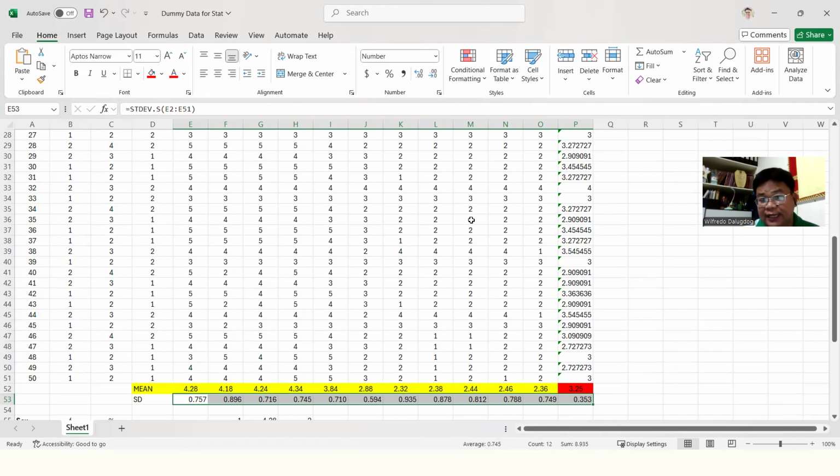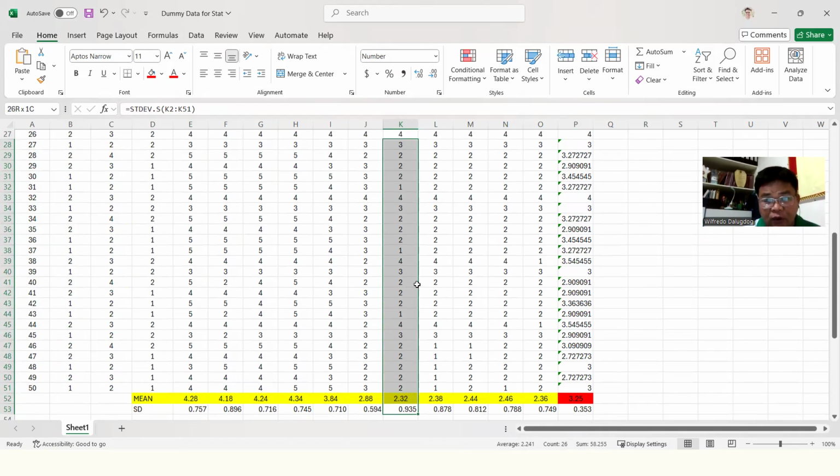Kunin lang natin yung hundreds. So as you can see, mababa or close to zero talaga yung kanyang standard deviation. It's just an indication that close to one another yung responses ng respondents. And then you can also observe here na itong 0.935 has the highest standard deviation among others.